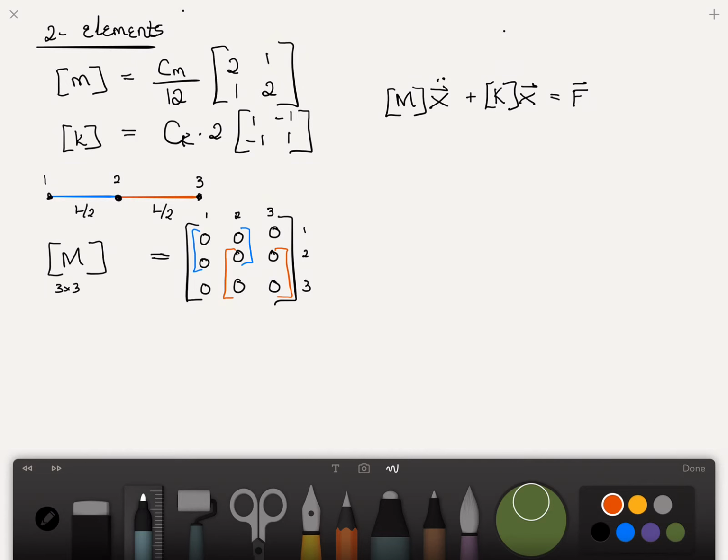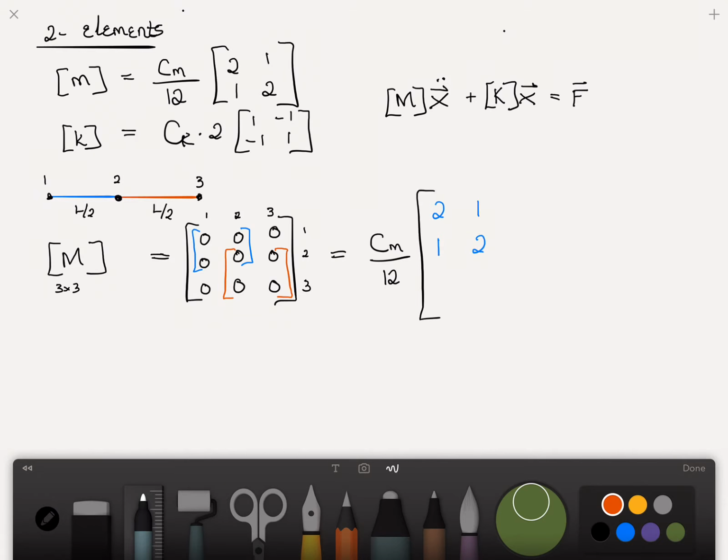So let's see how we do this. The mass matrix based on this would be equal to, I'm just going to carry the Cm for now, even though I'll leave it behind later, Cm over 12 times, and let's see how I want to do this. So here are the contributions from the blue. It's 2, 1, 1, 2.